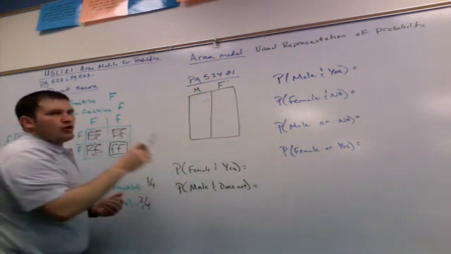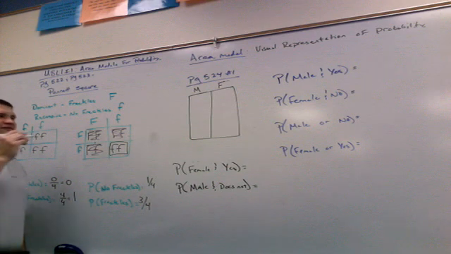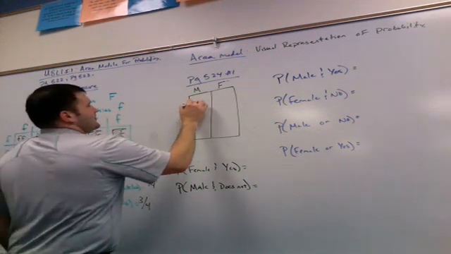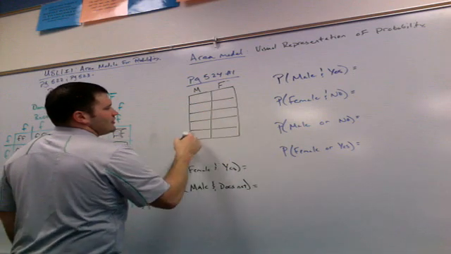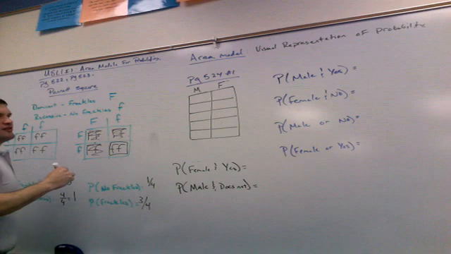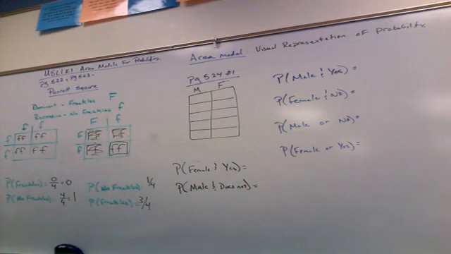Now, how many rows will I need? 5. Okay. So 1, 2, 3, 4, 5. Now, it says 3 out of 5 sing in the shower.